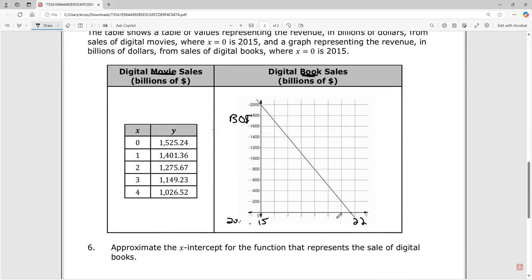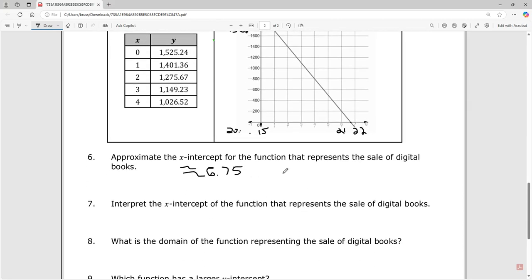So this is 21 right here. That's 21. So the x-intercept is we'll say like 3.75 ish, approximately 3.75. So that's 3 months. So what's the interpretation of the x-intercept of the function for this?